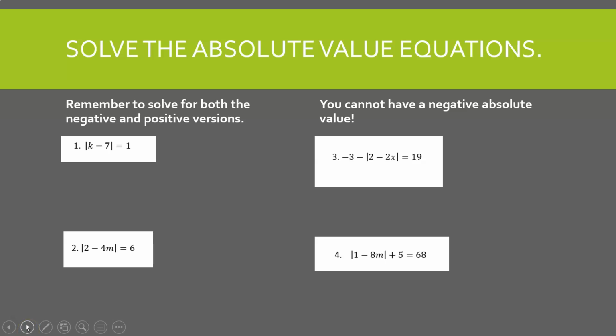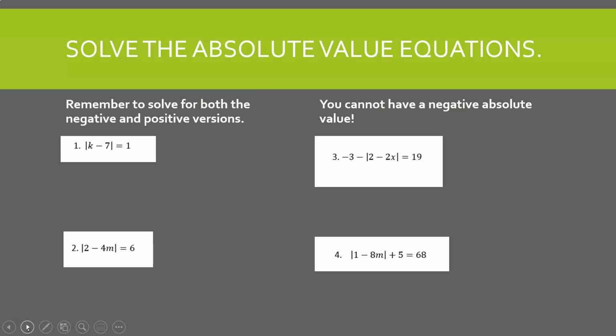Okay, these are absolute value equations. The thing that you have to remember about this, there's actually two things, is you need to solve for two versions, the negative and the positive version. And remember that you cannot have a negative absolute value. So if you isolate the absolute value bars and then you have a negative solution, your answer will be no solution.